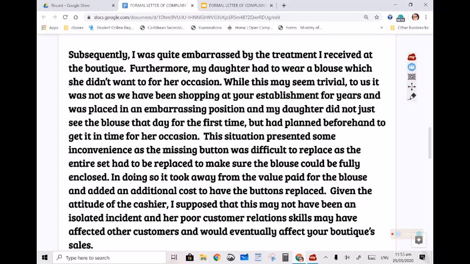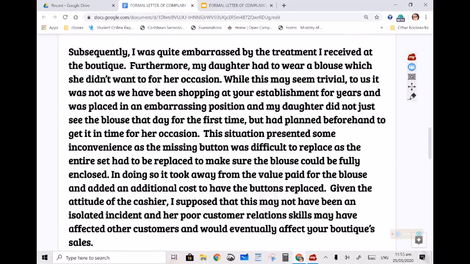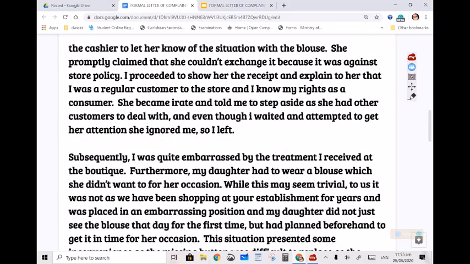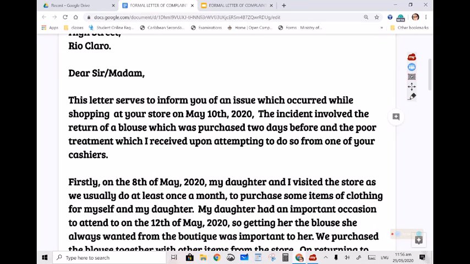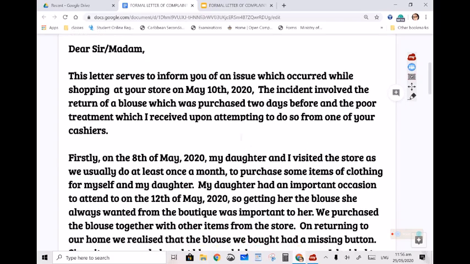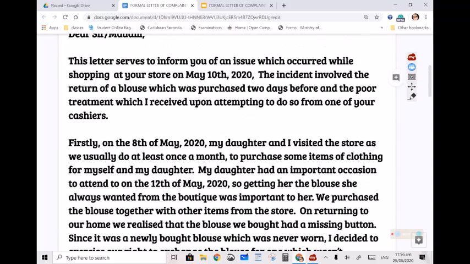So now we have our third paragraph, which is going to attempt to say how it affected us and others. So we'll go back briefly just to make a connection with our slide and what we should have done. Our first paragraph would briefly introduce our concern and our purpose for writing the letter.